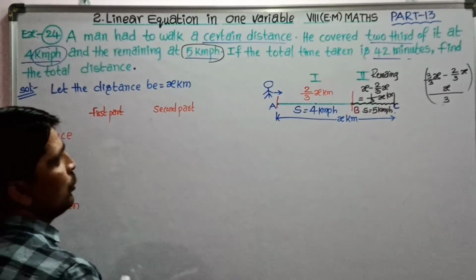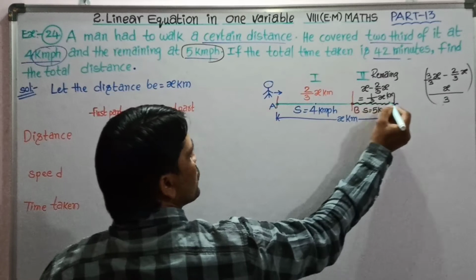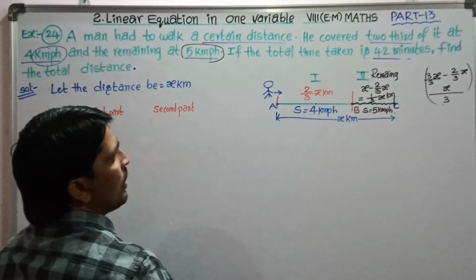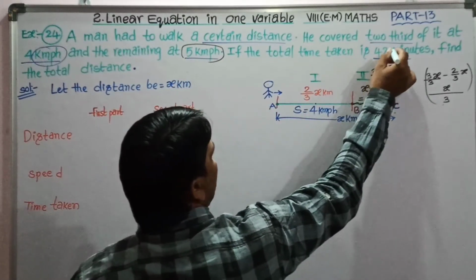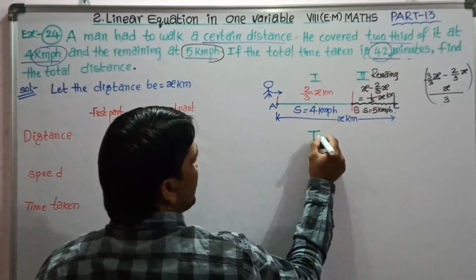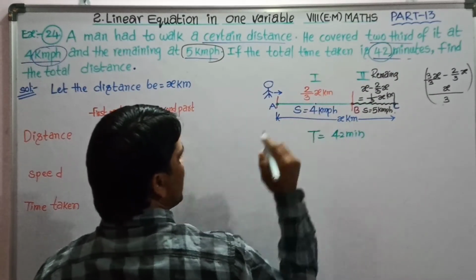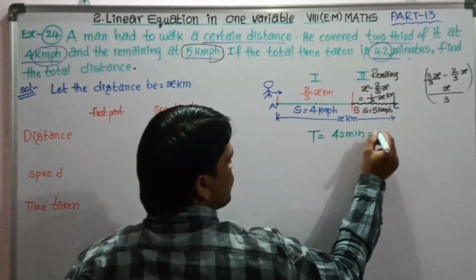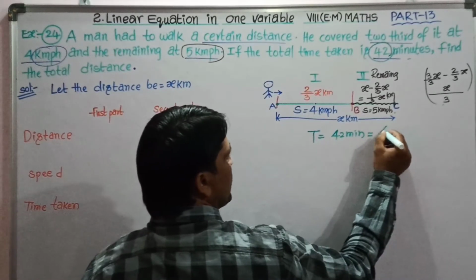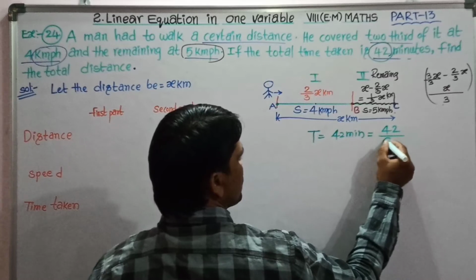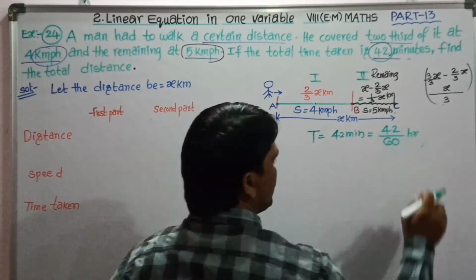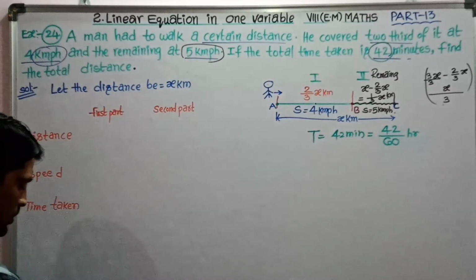Here it is given that to walk from A to C, he took 42 minutes. Total time is 42 minutes. But speed and distance are in kilometers, so time should be in hours, that is 42/60 hours.